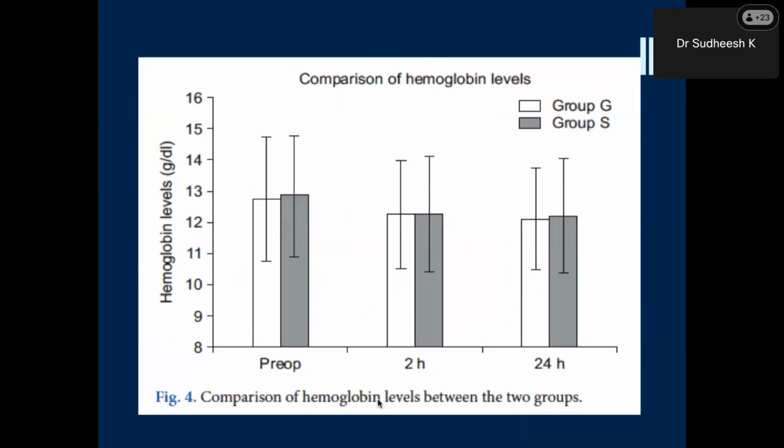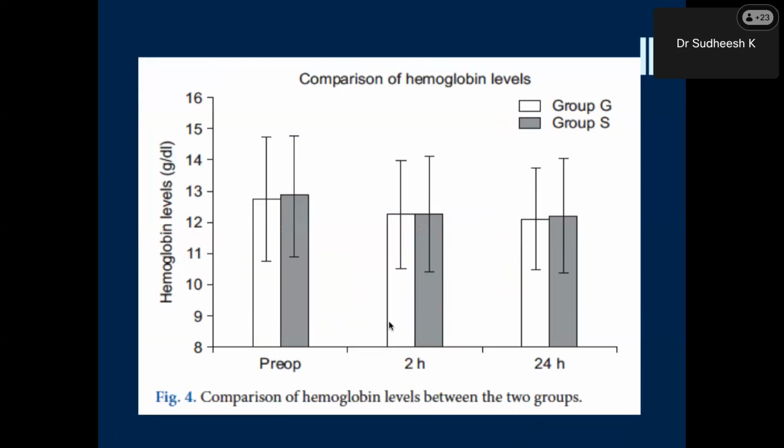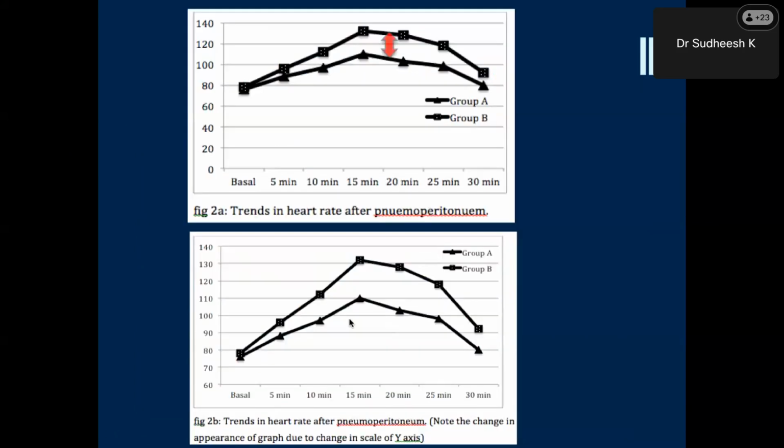Here I wanted to show one thing. You see the first chart. You see the difference between the two groups. It's quite narrow, isn't it? Though it is statistically significant, it's not shown in the graph that well. But if you see this one, it's quite widened. Now, what is the reason?